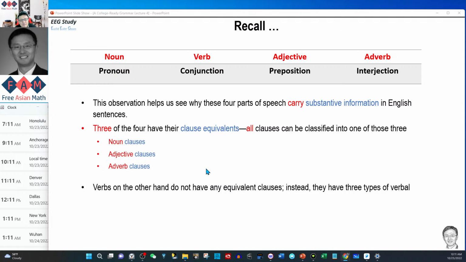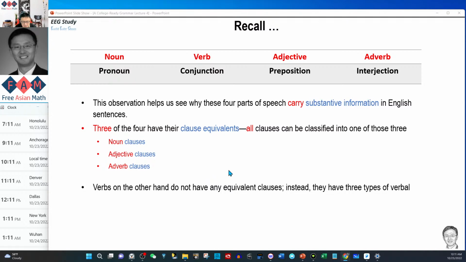On the other hand, verbs are so important, so we need some way to have some variation when we describe actions or behaviors. So instead of having verb clauses, of course there's no such thing, we have so-called verbals.